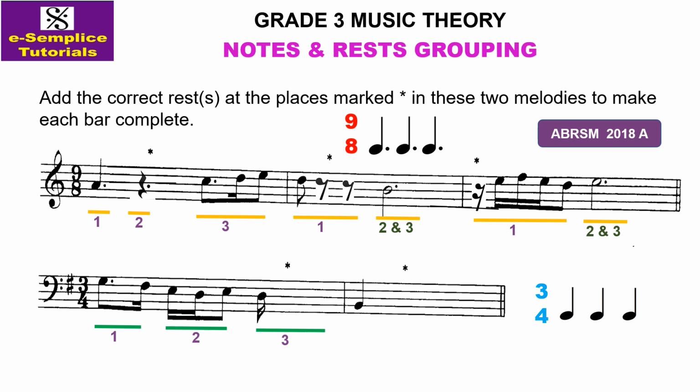Never use a dotted rest in simple time. Rather, remember one of the rules of grouping, which says each part of the beat should be completed before the next part of the beat. 3/4 is a simple time signature. Each main beat divides into 2.